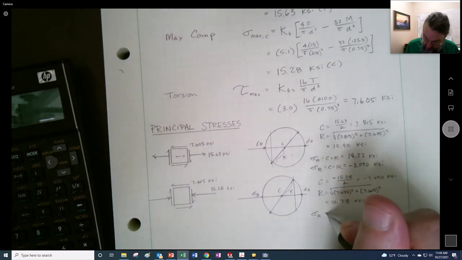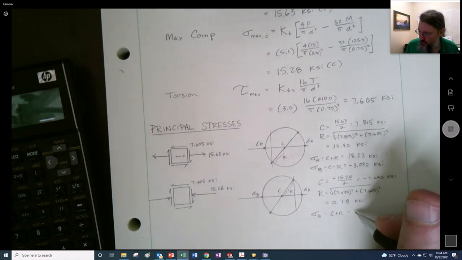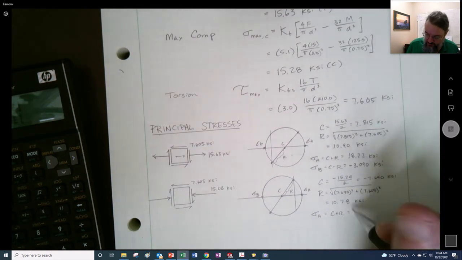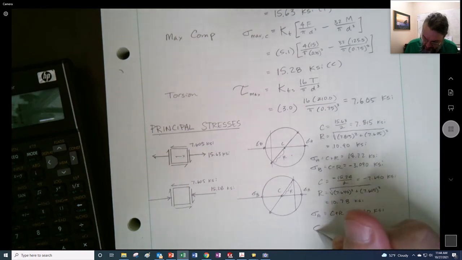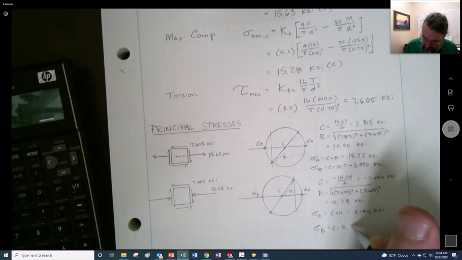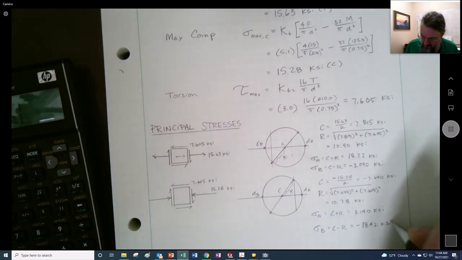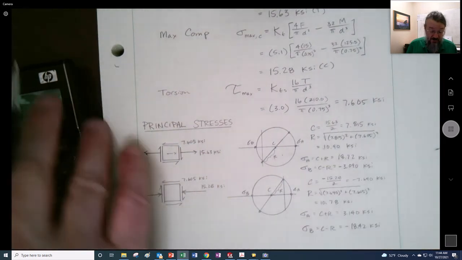So my sigma A is equal to C plus R, and we add those two together, and we should get 3.140 KSI, and sigma B can be C minus R, and we would get a negative 18.42. Not much different. They're pretty much flip-flopped from either side of the thing.